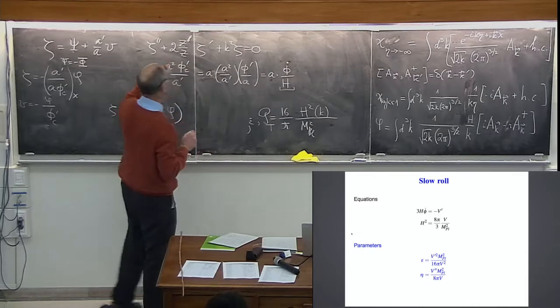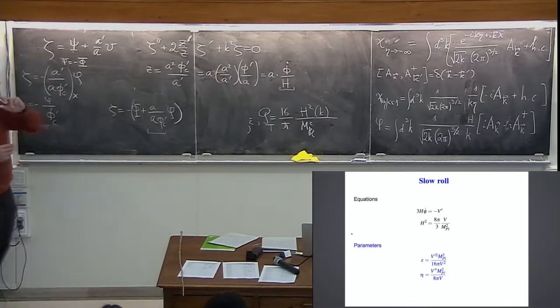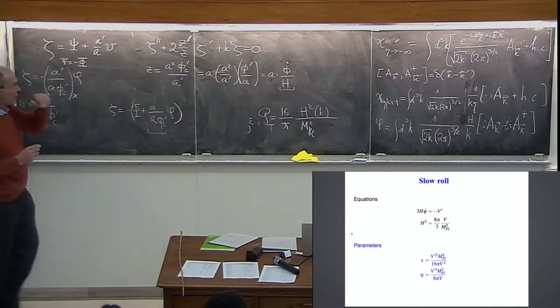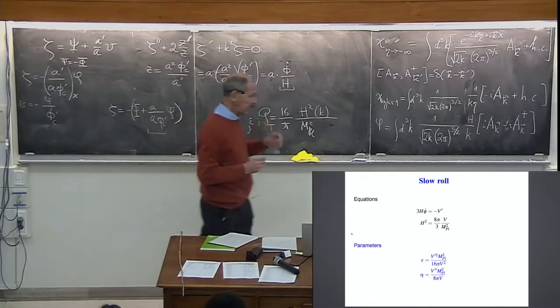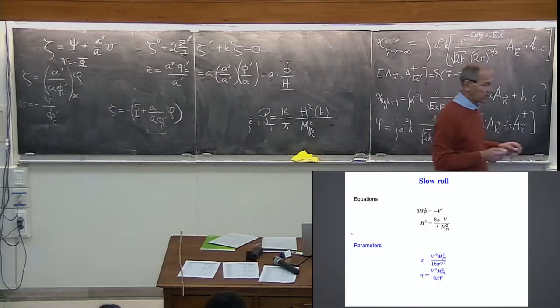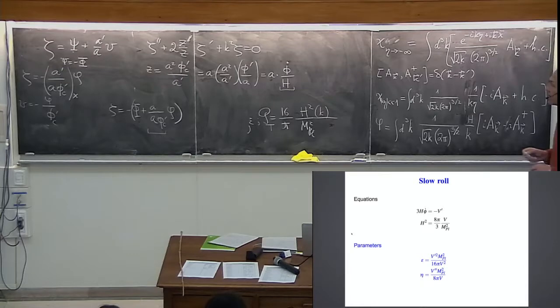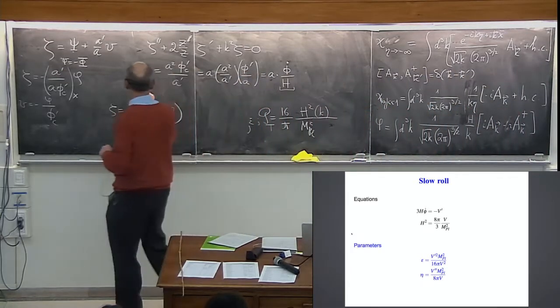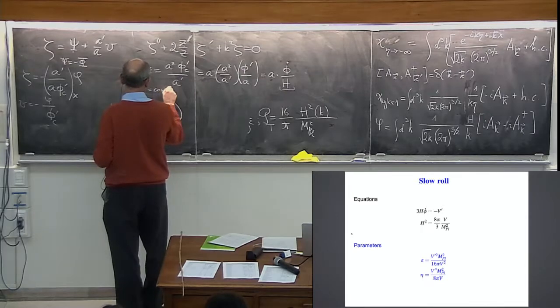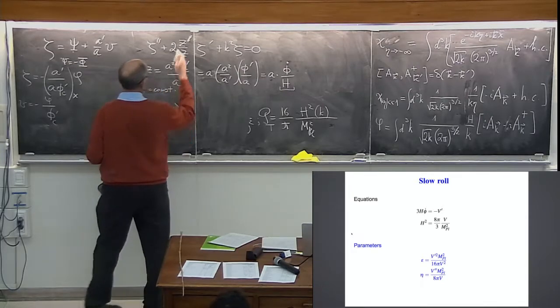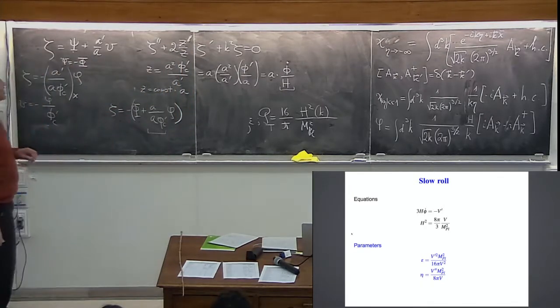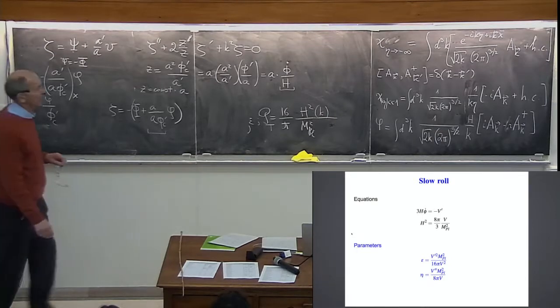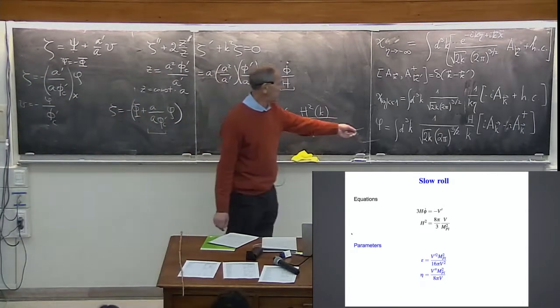So we are back to the equation we had before, right? We're back to the equation we had for the massless scalar field in the background A. If we say that Z is the same thing as A, modulo constant, then we are back to the equation we were solving when getting to this expression here.